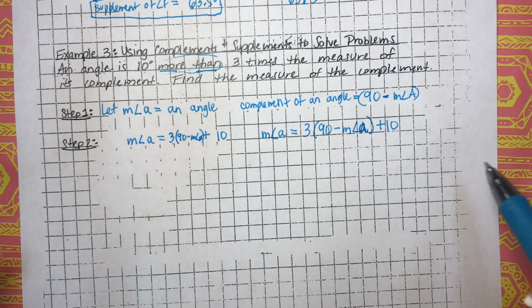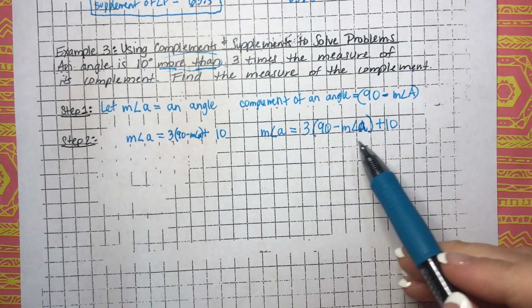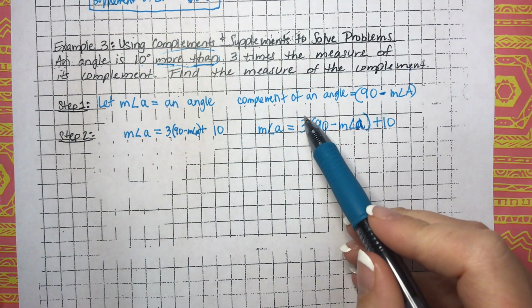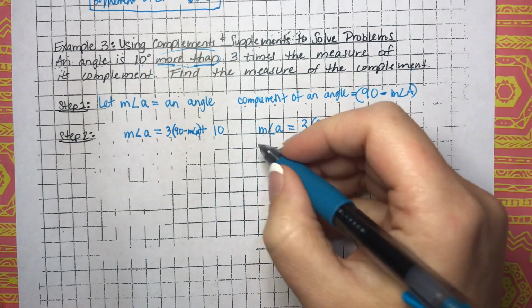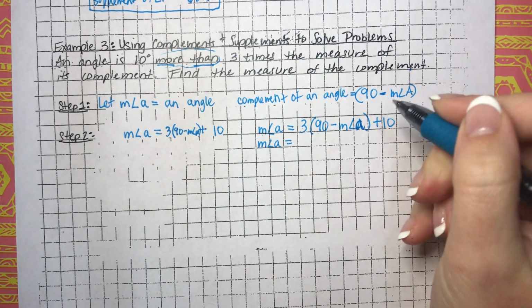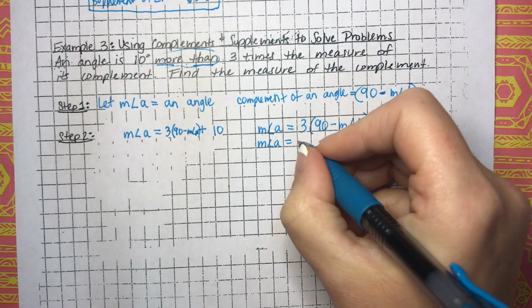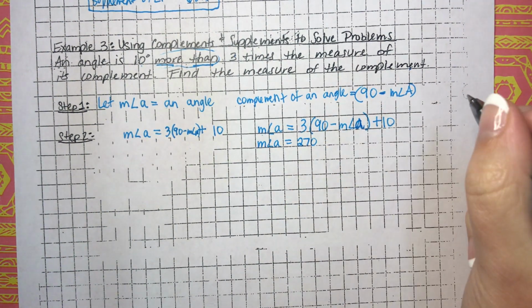Perfect. So now we just need to use our algebra and solve this problem. The first thing we're going to do is use the distributive property and distribute this 3 to both things. So we have measure of angle A equals 3 times 90, which is the same thing as 3 times 9, which is 27, and then you add a 0, so it's 270.